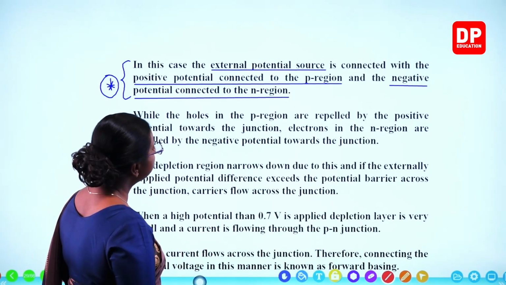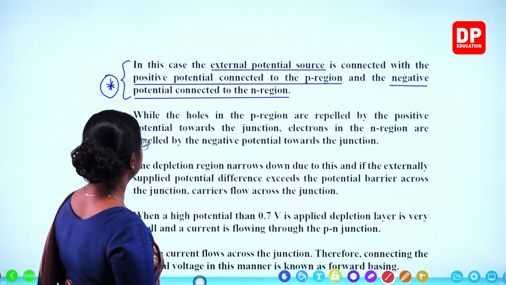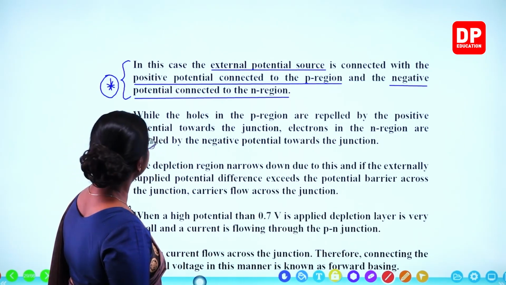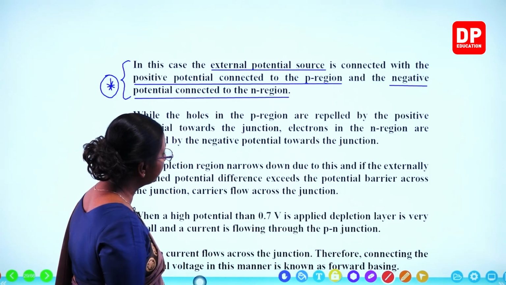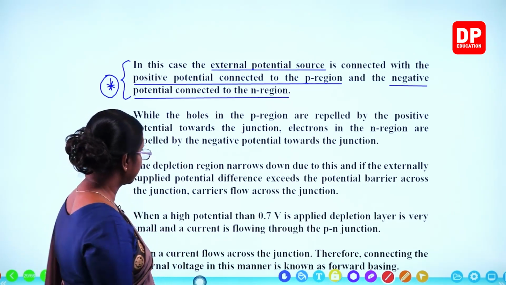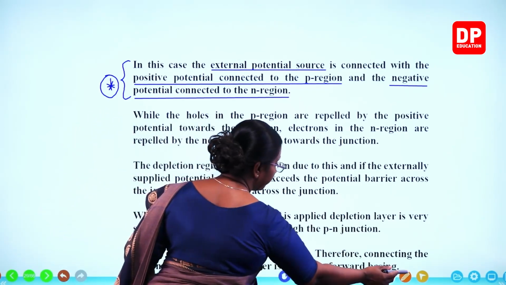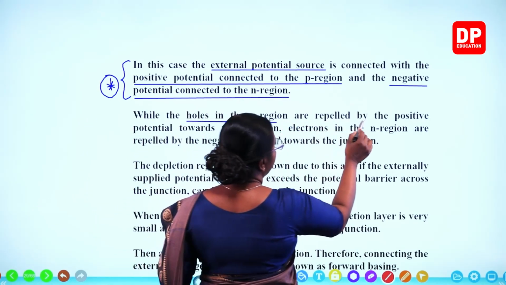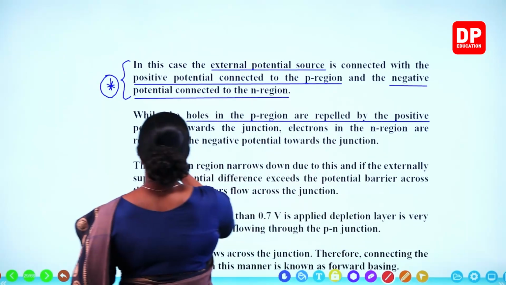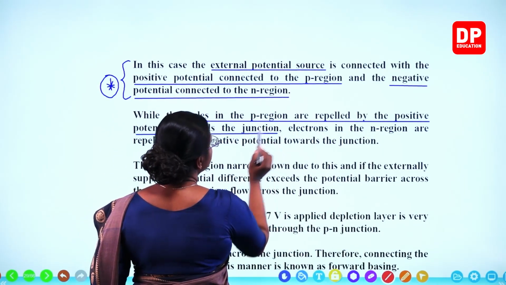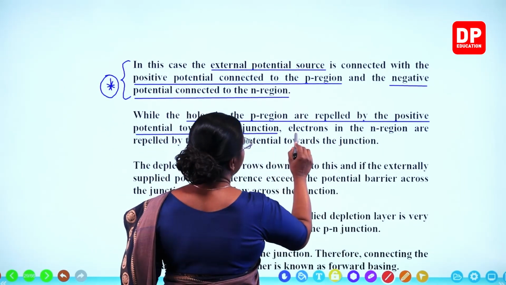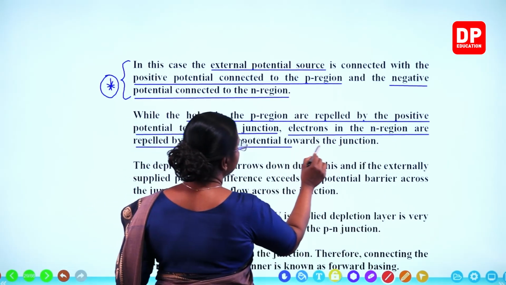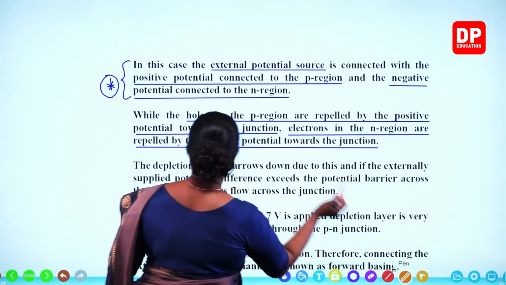The holes in the P region are repelled by the positive potential towards the junction, and electrons in the N region are repelled by the negative potential towards the junction.